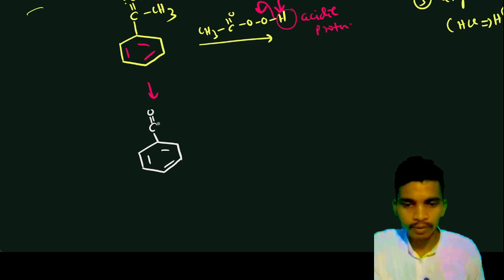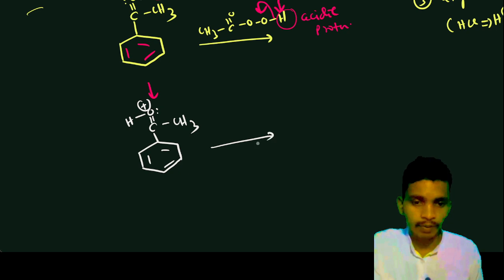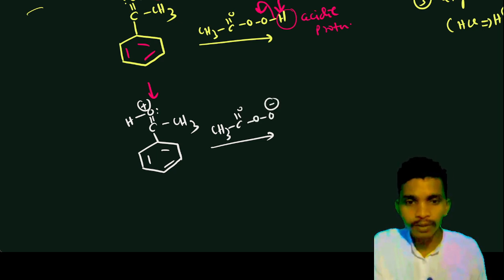CO, and here we have CH3, and since the lone pair attacks, here we have H, and the lone pair electron is attacked to this proton, so this is going to get positive charge. And here we have CH3, CO and O, and this is going to be the negative charge. Now this carbon will become a more electrophilic center.